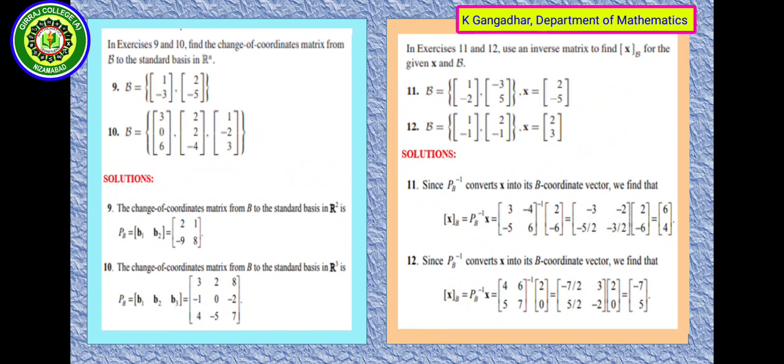Here we get B equal to b1, b2, where b1 value is 2, -9 and b2 value is 1, 8. In the same way, we get the other values: 3, 8, -1, 0, -2 and 4, -5, 7.